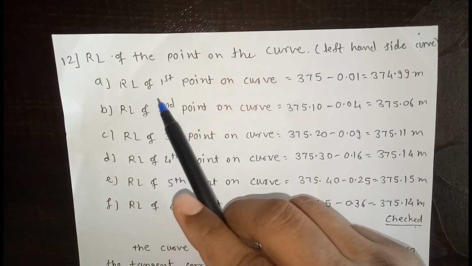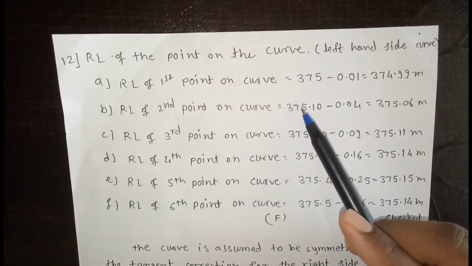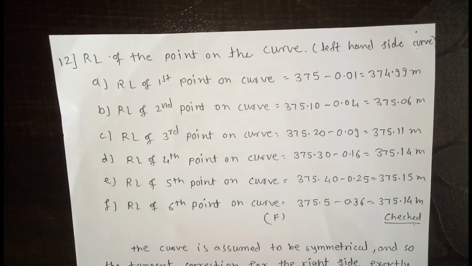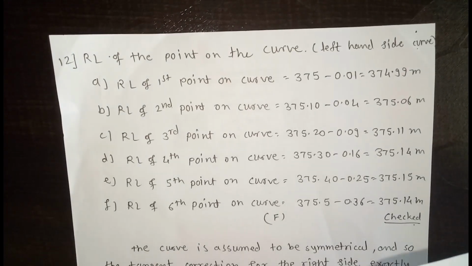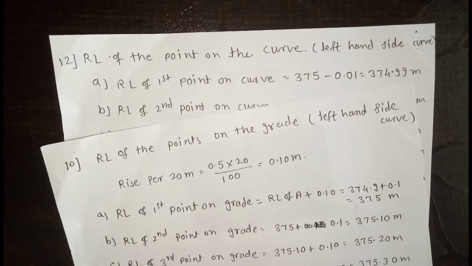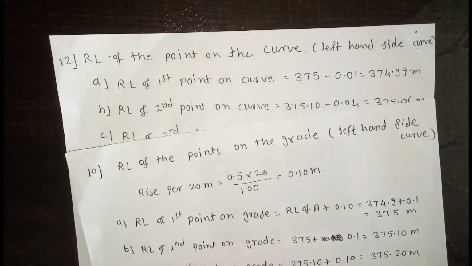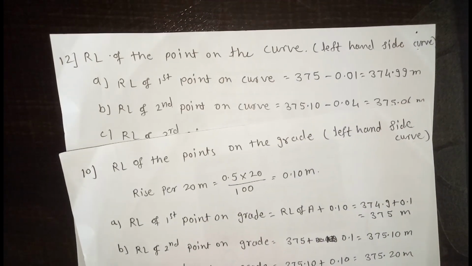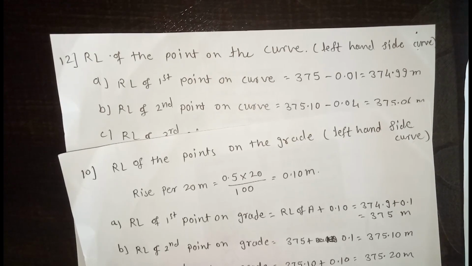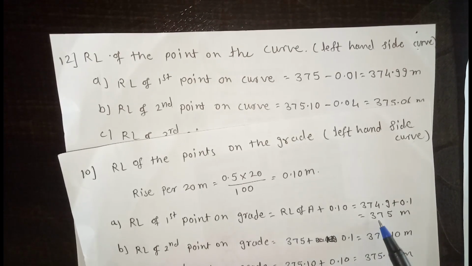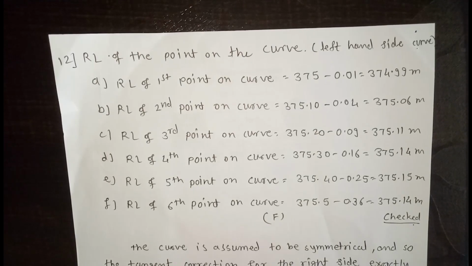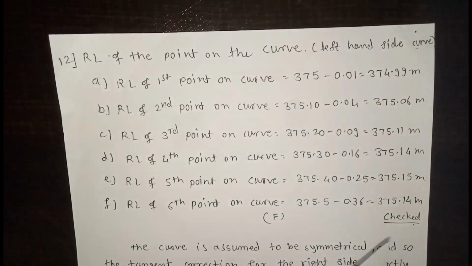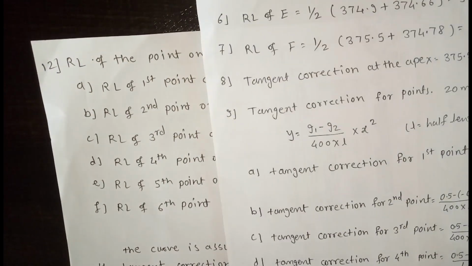The RL of the first point on the curve is equal to RL on the grade plus or minus the tangent correction. RL of the first point on the grade is 375, minus this tangent correction.